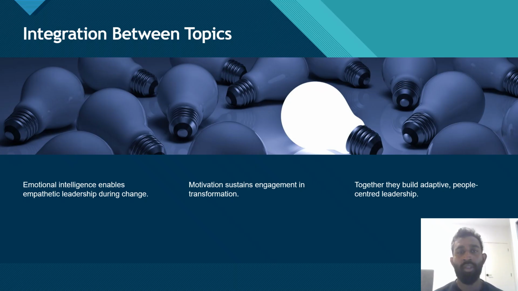These three topics are deeply interconnected. Emotional intelligence empowers leaders to handle change humanely. Motivation keeps teams engaged, and digital transformation tests these abilities. Together, they create the foundation of effective modern leadership.